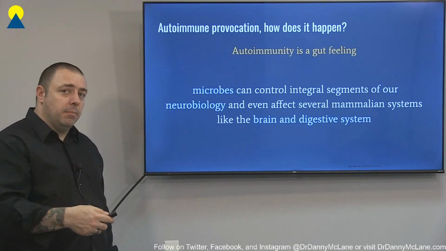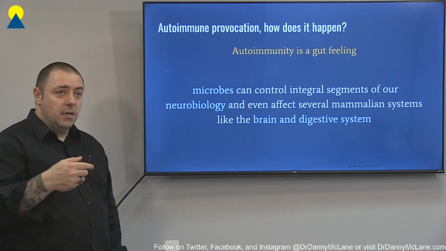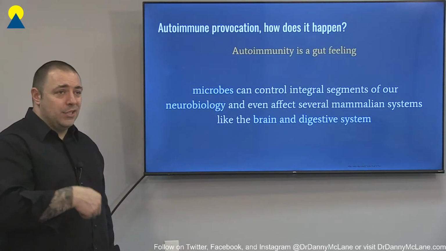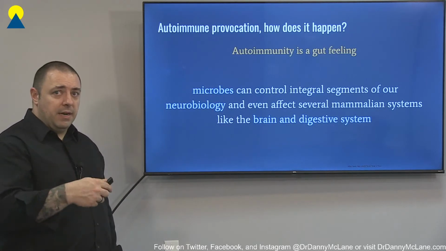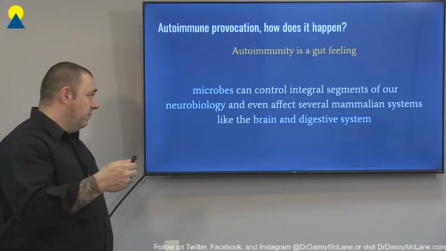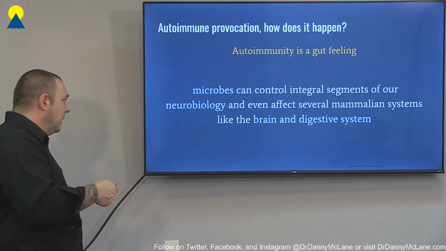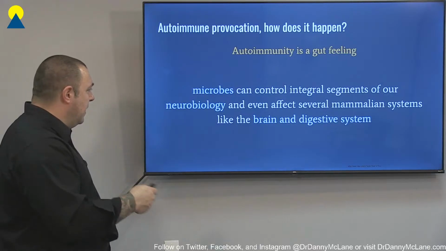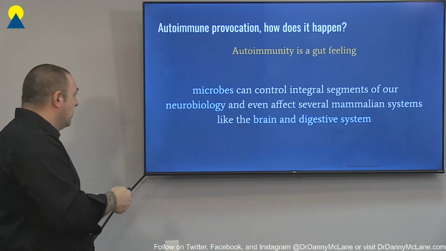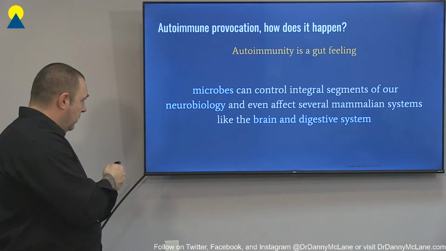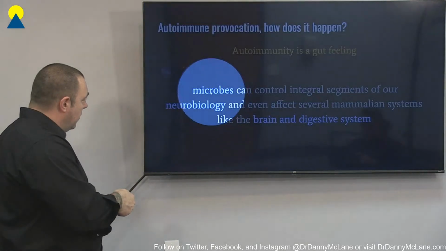Things like blood pressure, heart rate, sudoriferous glands, digestion, mental state, brain fog, memory issues, all manner of things. And they link the brain and the digestive system together, and it involves microbes.